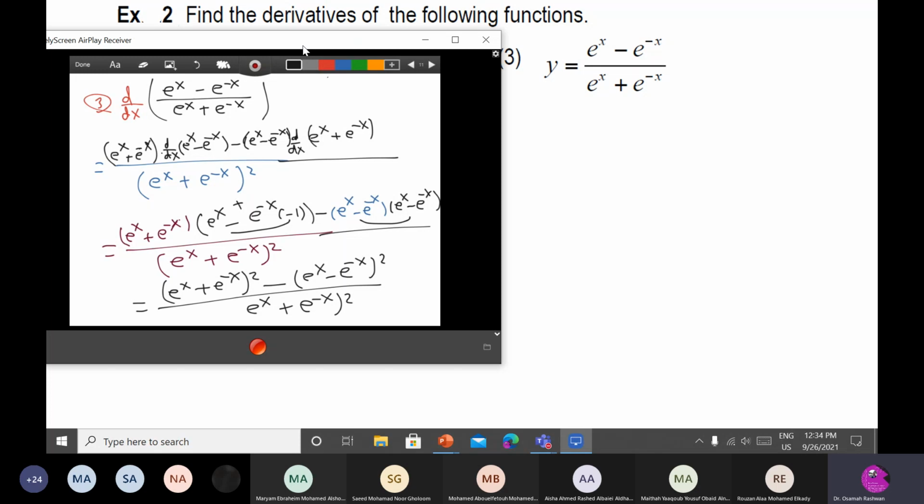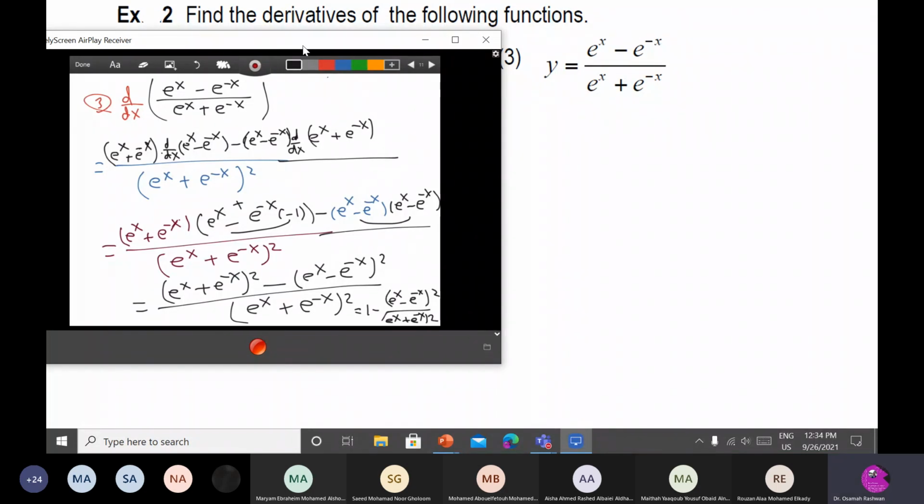If you would like to stop till here, that's fine. But this is exactly like 1 minus e to the x minus e to the minus x squared over e to the x plus e to the minus x squared. If you keep it like this, that's fine.